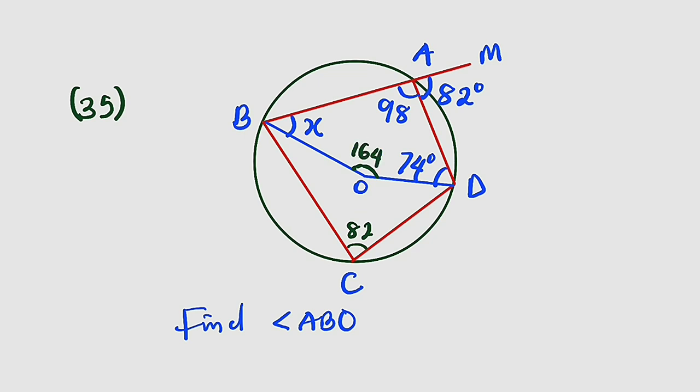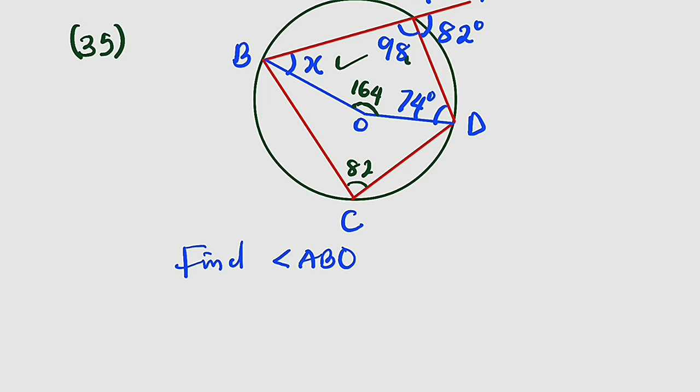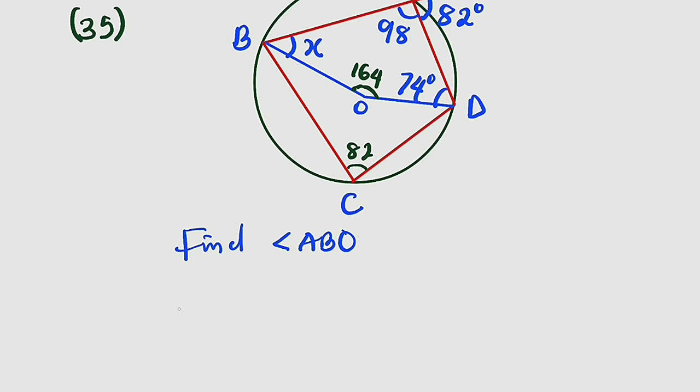164. So now we are good to go, because this is another quadrilateral, and the sum of all the interior angles of a quadrilateral equals what? 360 degrees. So it means that if we add this and this together, we shall obtain 360. So let's add x plus 98 degrees plus 74 degrees plus 164 degrees.